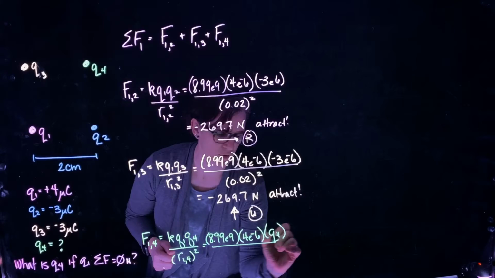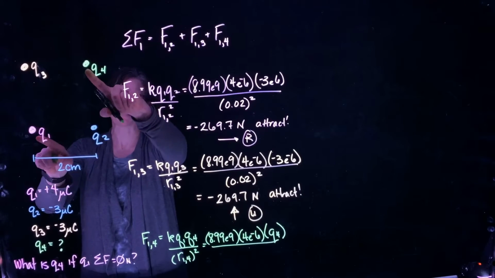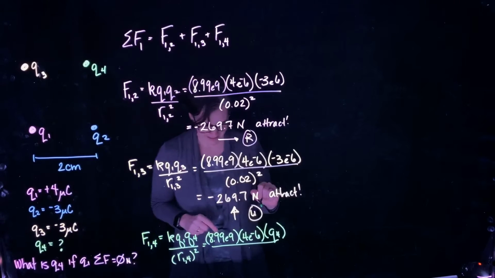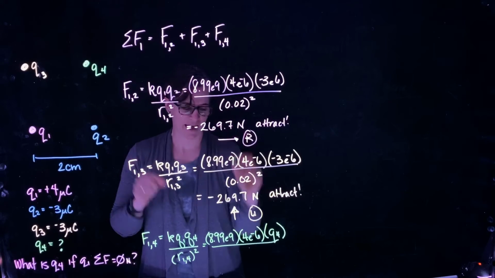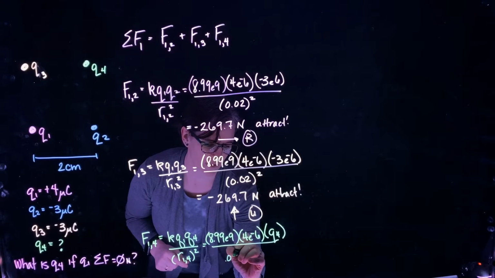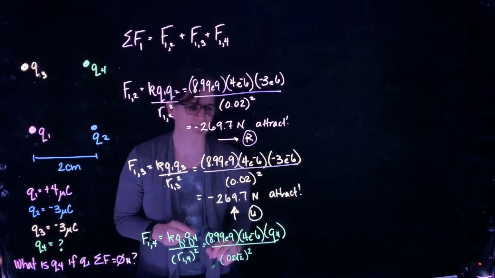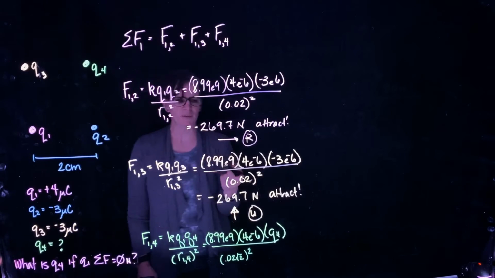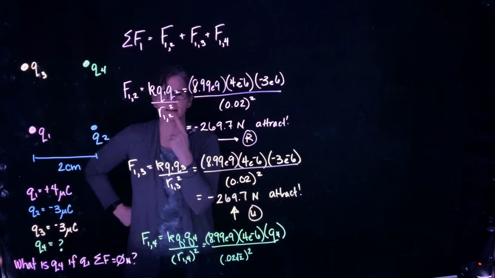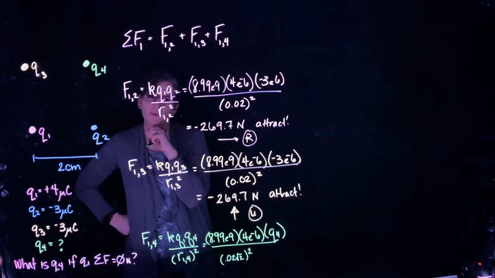But I do know the radius. If this is 2 centimeters and this is 2 centimeters, I can find the radius. Using the Pythagorean theorem, it's 0.02 times the square root of 2, quantity squared. All right. I don't know Q4, so I'm stuck at this point for finding the net force on Q1 by Q4. So how can I do that?